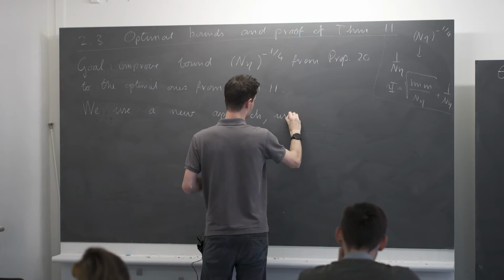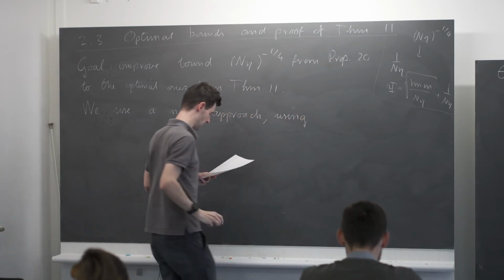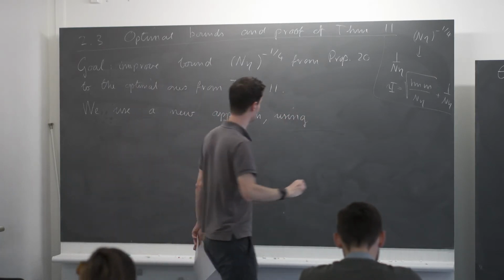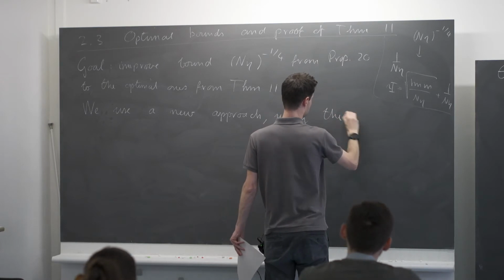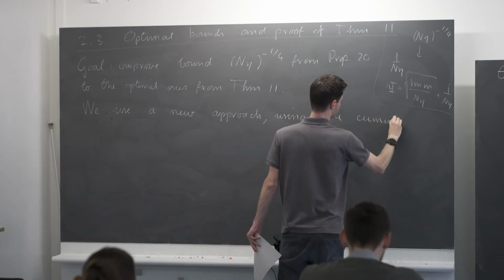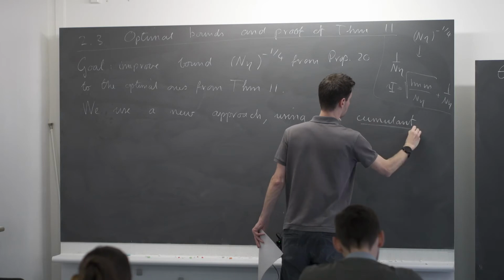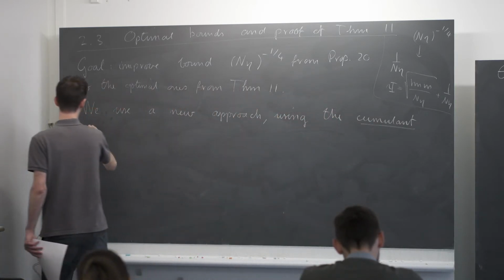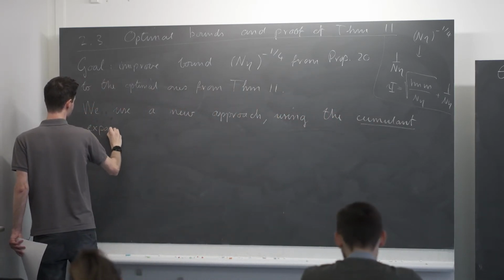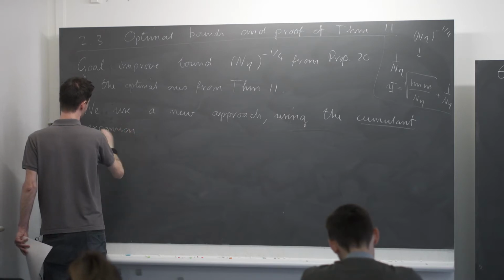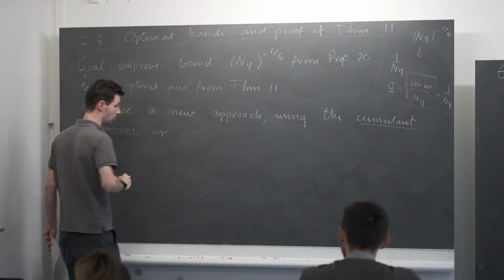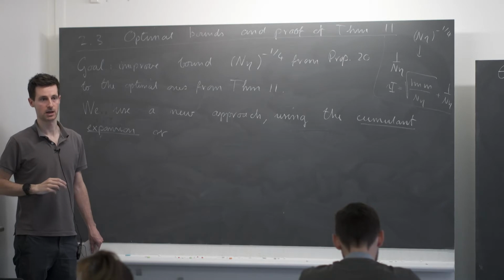So this approach has a variety of names. Some people call it the Cumulant Expansion. Or it's also known as the generalized Stein method.